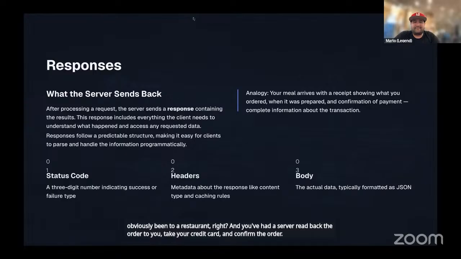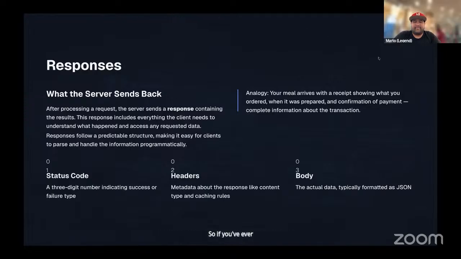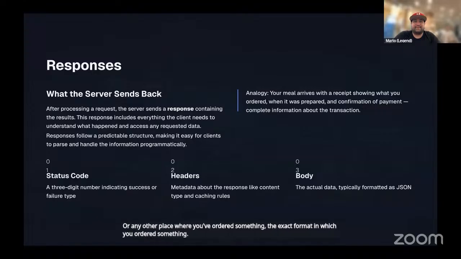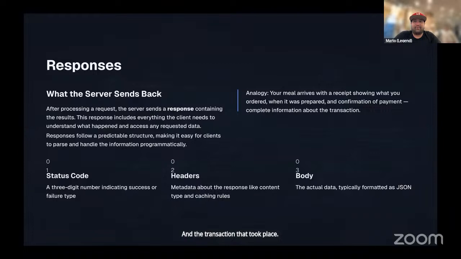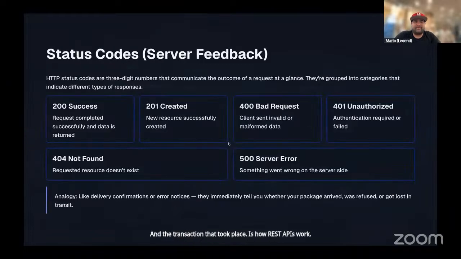That is exactly what a REST API transaction looks like. So if you've ever been to a restaurant, a bar or any other place where you've ordered something, the exact format in which you ordered something and the transaction that took place is how REST APIs work. Now you have different status codes.